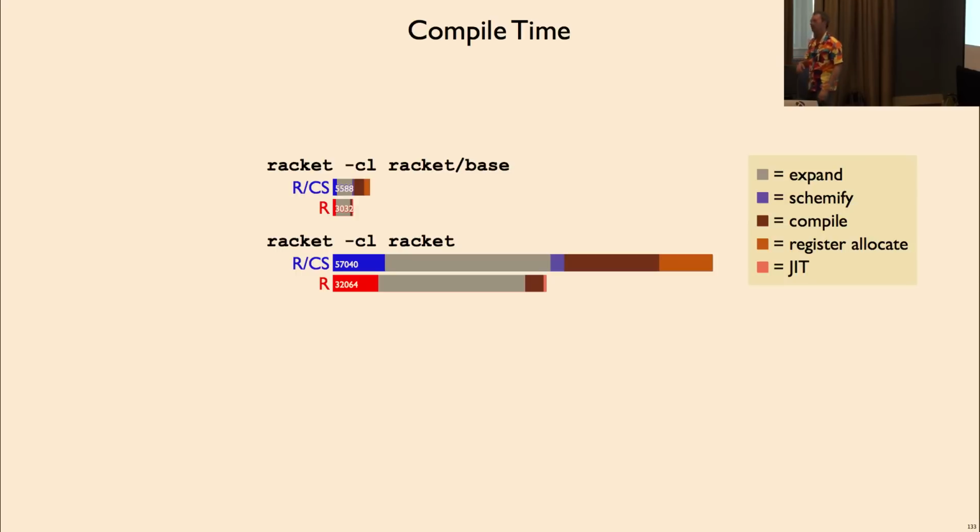Well, because there's a real compiler in there now. So the gray part is macro expansion, and that's about the same. That says the expander runs about the same on Chez Scheme as it does on old Racket. But the brown part here is compile, and this brown part is still compile, but specifically just the register allocation pass of Chez Scheme. So doing real register allocation takes time. I don't think that's a surprise to anyone who's done compilers before.